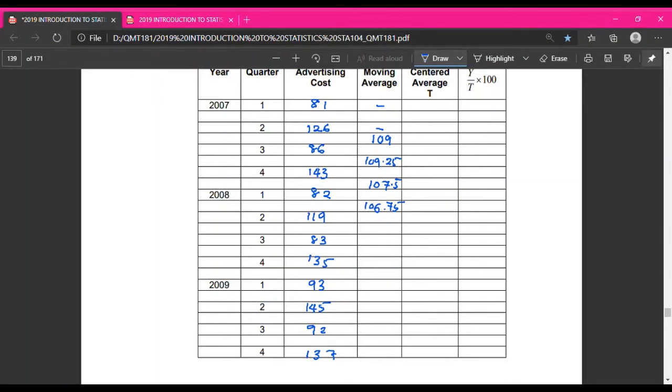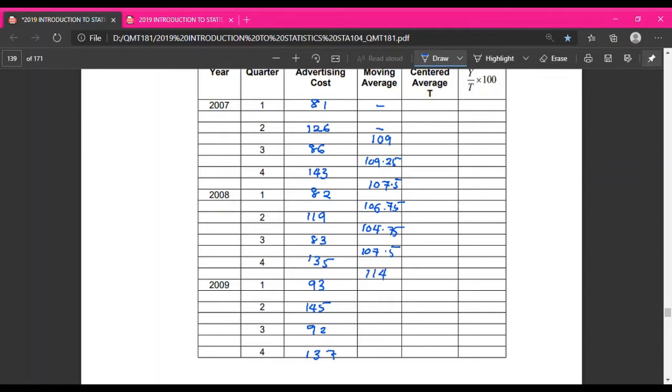Next, 82, 119, 83, 135 divided by 4, you will get 104.75. Next, 119, 83, 135, 93. Find the average, you will get 107.5. Next, 83, 135, 93 and 145, 114 here.